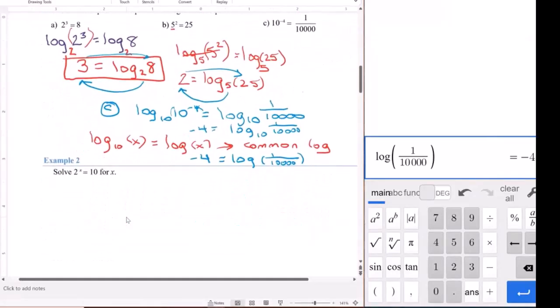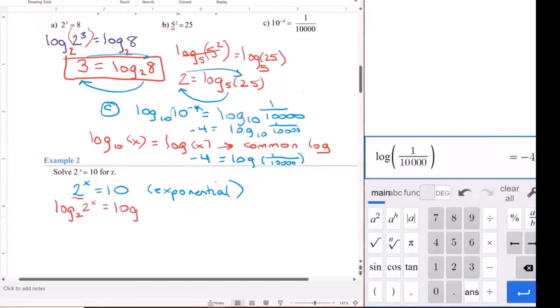For this one, we want to solve 2 to the x is equal to 10. Well, it's very difficult to solve. I don't know what to put in my calculator for this, right? I can't divide both sides by 2. I can't do anything. Except I can take my inverse function. This is an exponential. So the inverse is log. I'm going to take the log, and I'm going to use base 2 since I have a 2 here.